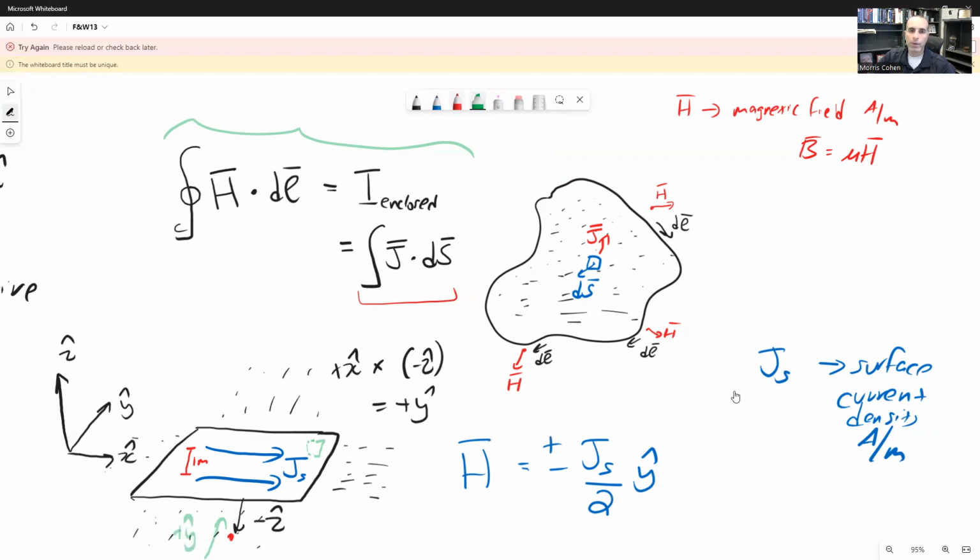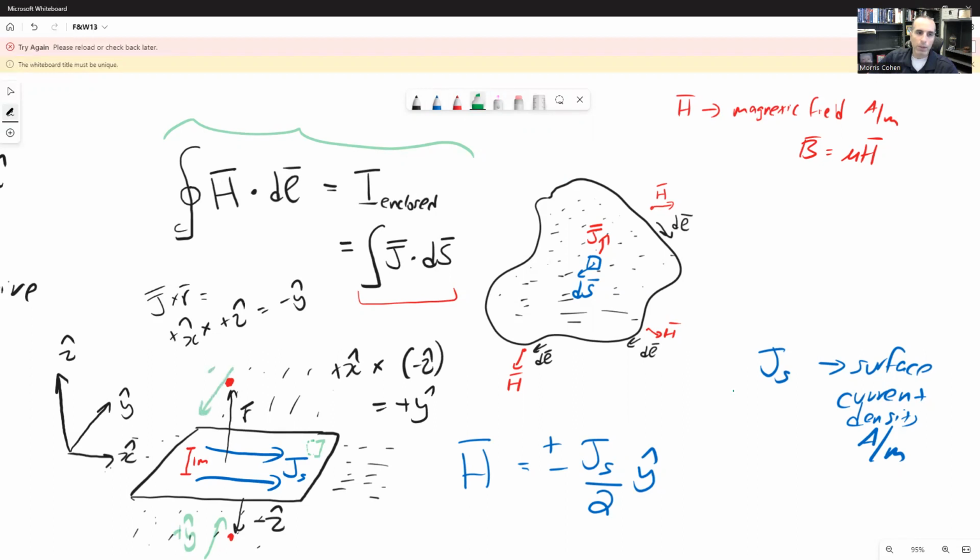Above the sheet current right here, right? If I pick out a point right here, and this is now above the sheet current, and here's basically our R vector, then J cross R will be in the direction of positive X crossed with positive Z, which is minus Y. So we would expect a magnetic field that's in the minus Y direction here, right?